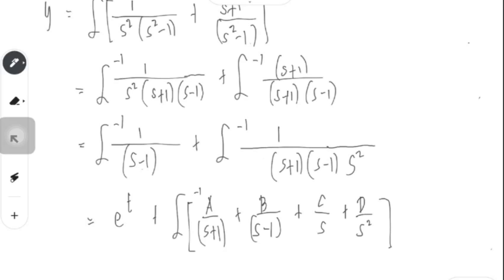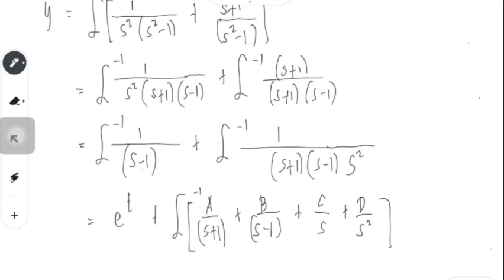Ang problema na lang, value ng A, B, C, and D. Pagka nakuha yung value ng A, B, C, and D, whatever the value of D, lalabas dito t. Di ba? Laplace transform of t is 1 all over S squared. Inverse Laplace transform of a constant over S is 1. Ito'y S minus 1, magiging e to the t.